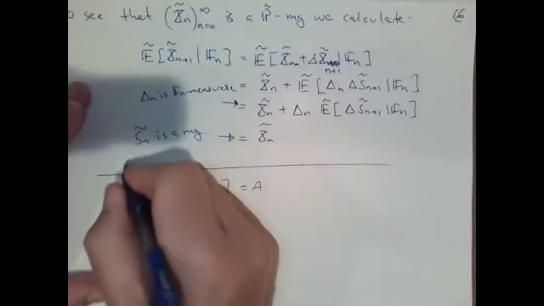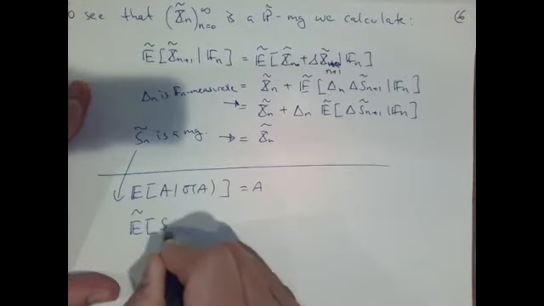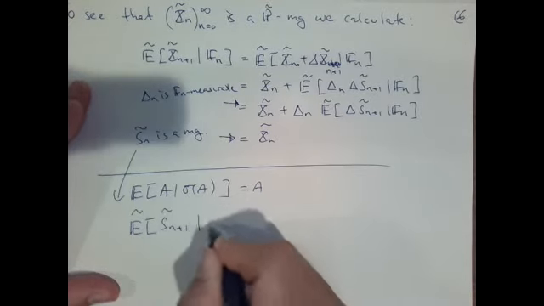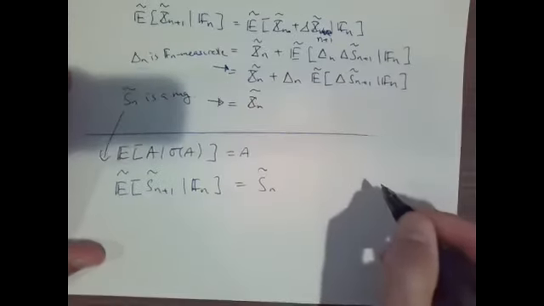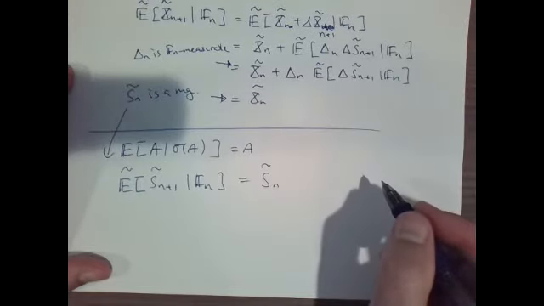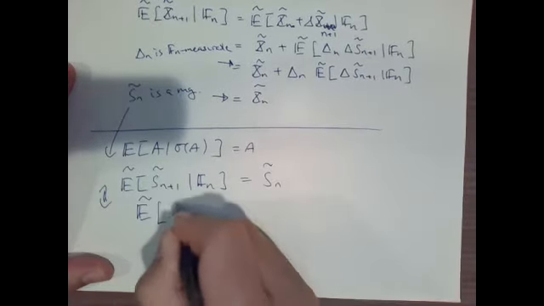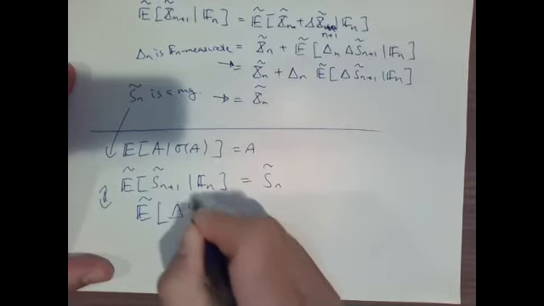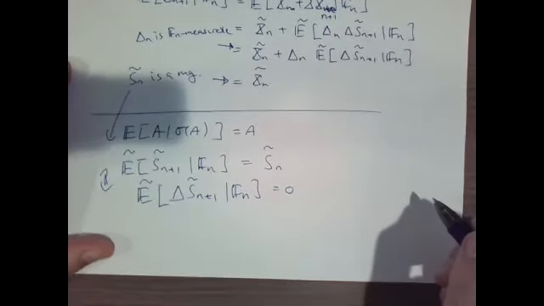If I'm looking at the expectation of S n plus 1 tilde given F n, this is S n tilde. Do you agree? Okay, yes, I agree. This is the same thing as saying that delta S n plus 1 tilde given F n is 0, right?